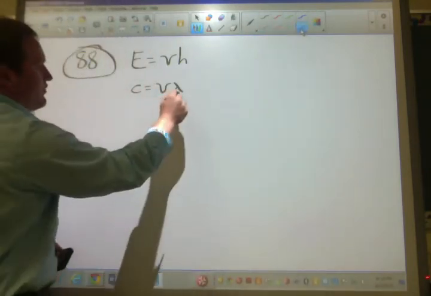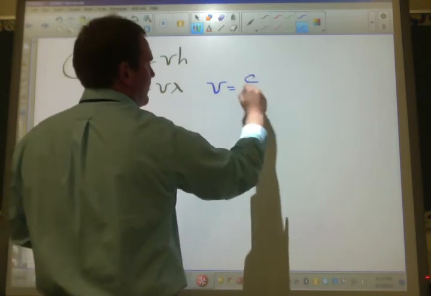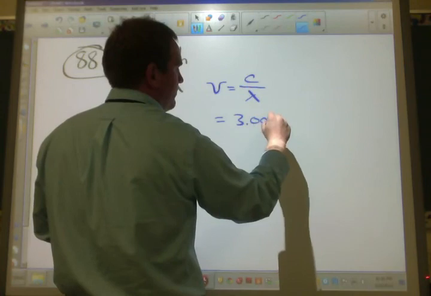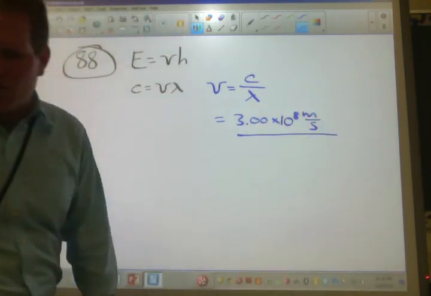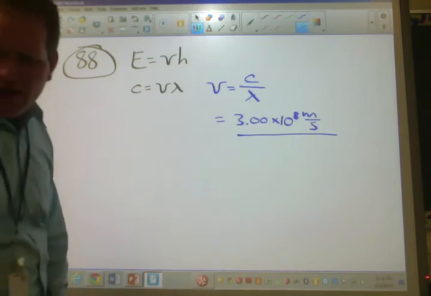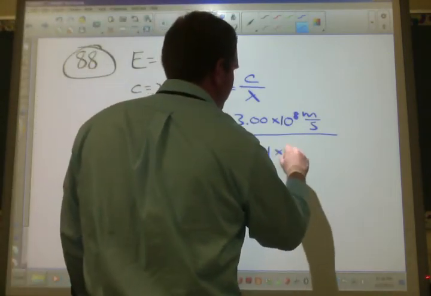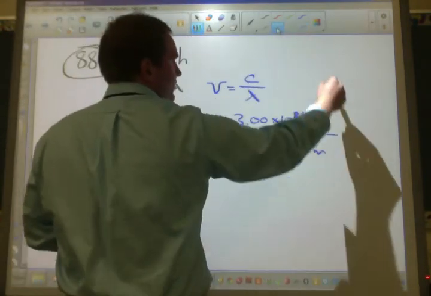All right, so first we're going to solve this for frequency. So frequency equals c over lambda, which equals 3.00 times 10 to the 8th meters per second, divided by my wavelength. And I have 9.21 times 10 to the negative 6th. You can see here, meter cancels meter.